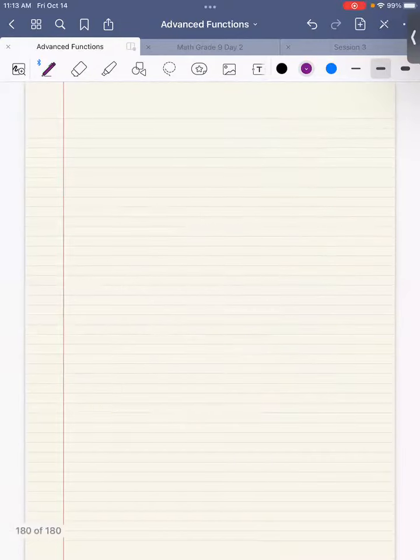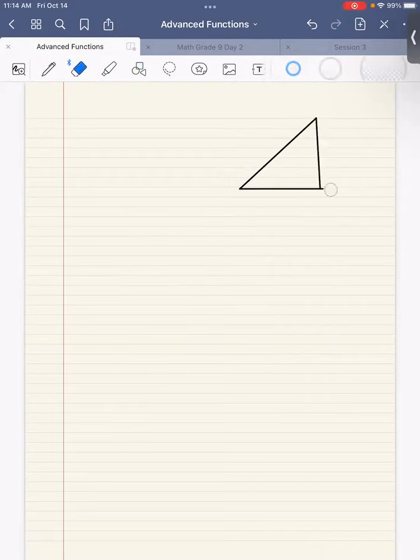Something important we discussed is that if you have a right triangle like this, and imagine that this is theta.